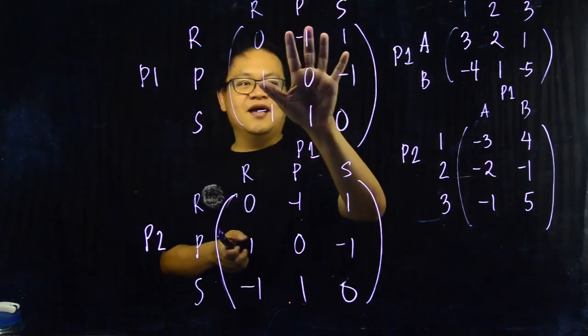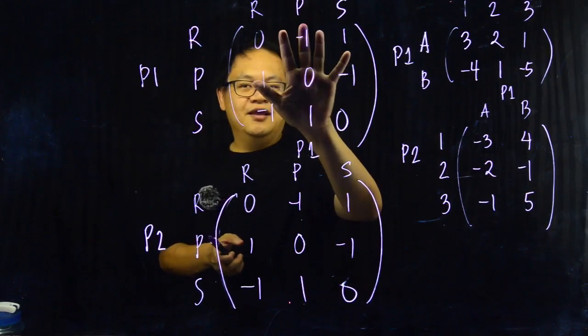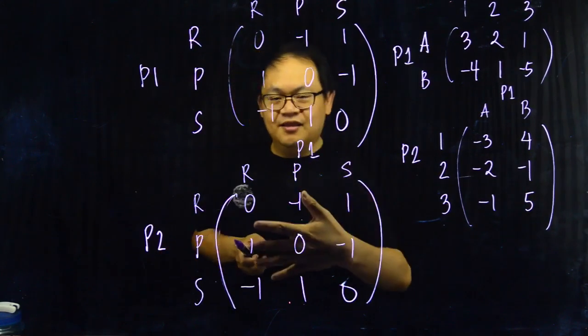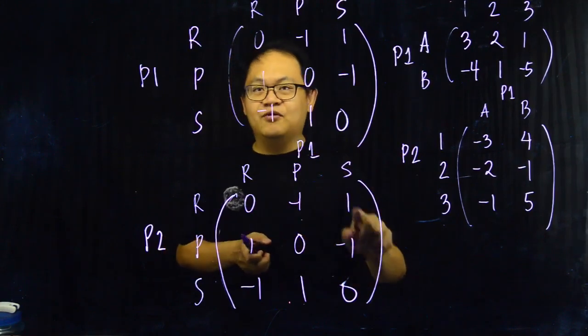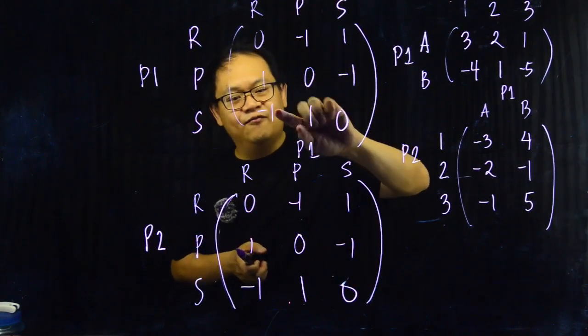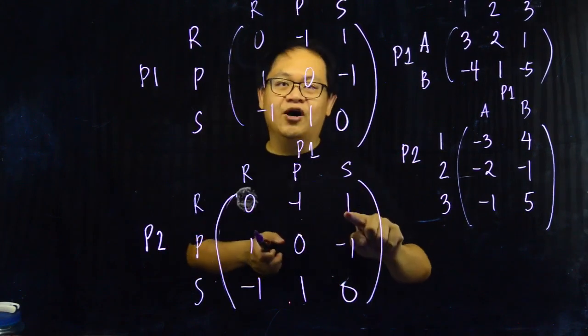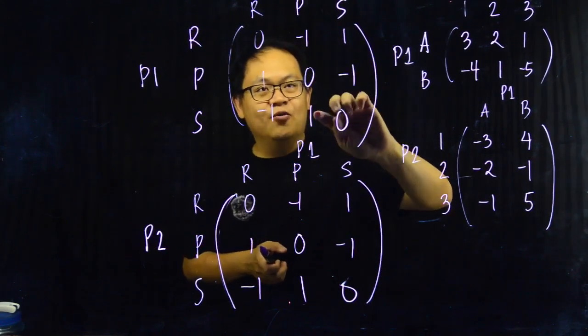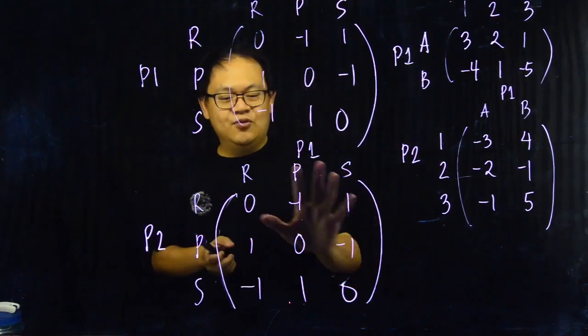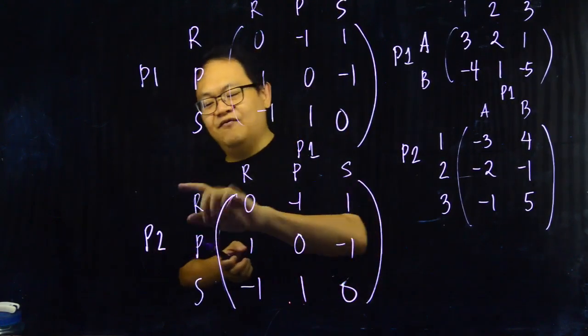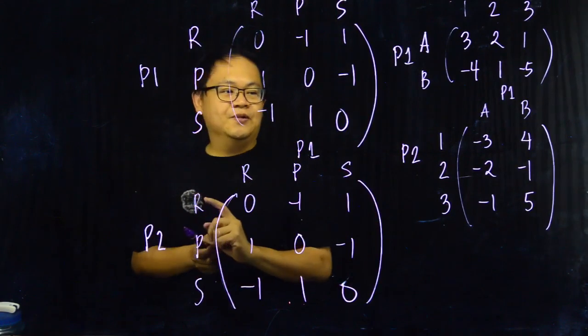If you look at this example and transpose it, so every column here becomes a row, and if you negate, so your 0, 1, -1 becomes 0, -1, and 1, -1, 0, and 1 becomes 1, 0, -1, etc. You will now see the perspective of the other player. Okay?